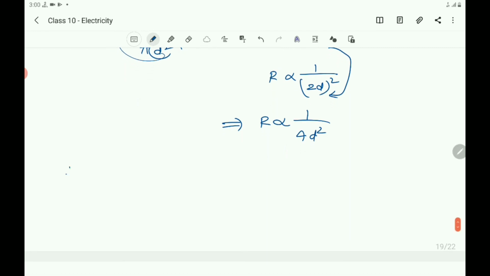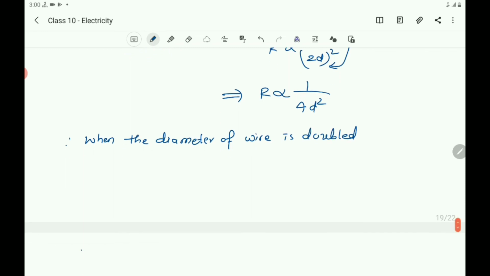Therefore, when the diameter of wire is doubled, resistance becomes 1/4 of the original value.